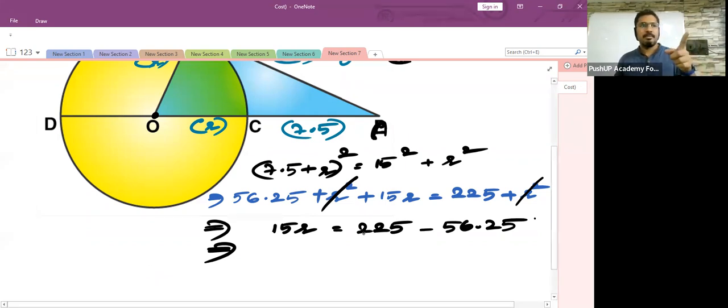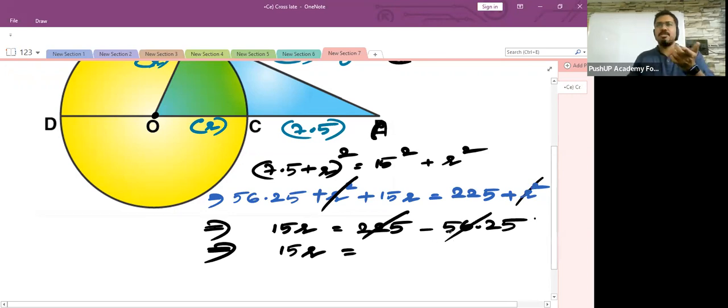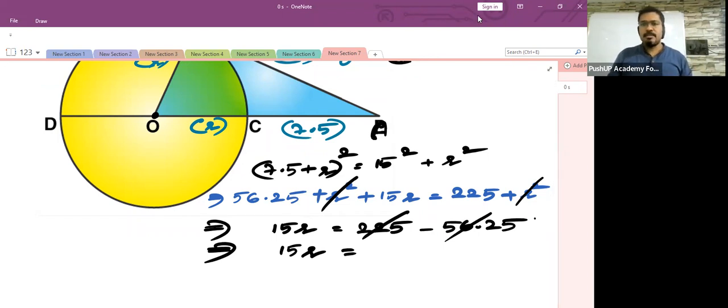Albina? 15R is equal to, how much is the difference between these two numbers? Help me, children. What is the difference of 225 and 56.25? Hello? Online students? 168.75, isn't it? Yeah, very good.